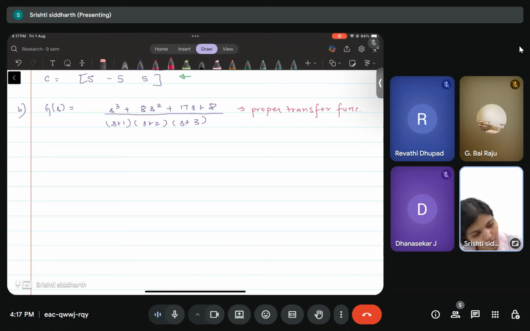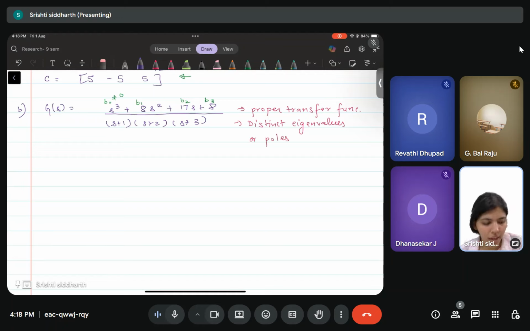Why? Because first of all, these are the coefficients B0, B1, B2, B3, and B0 is not equal to 0. It's a proper transfer function. D is not going to be 0 in this case. So we have distinct eigenvalues. Okay.